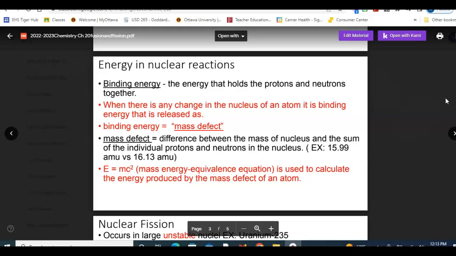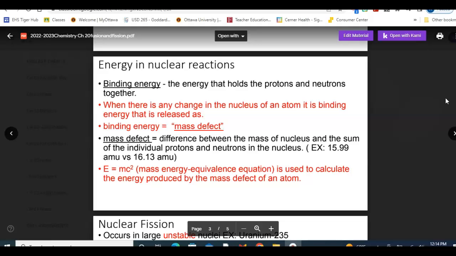However, if you were to take the mass of each individual proton and neutron in the nucleus of an oxygen atom, and if you added all of them together, you're going to get 16.13 AMUs. So there is a little bit of a difference there.